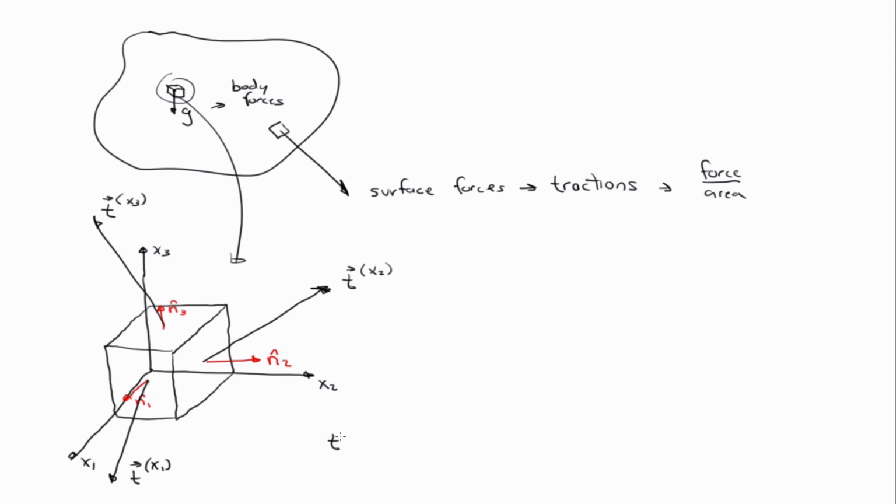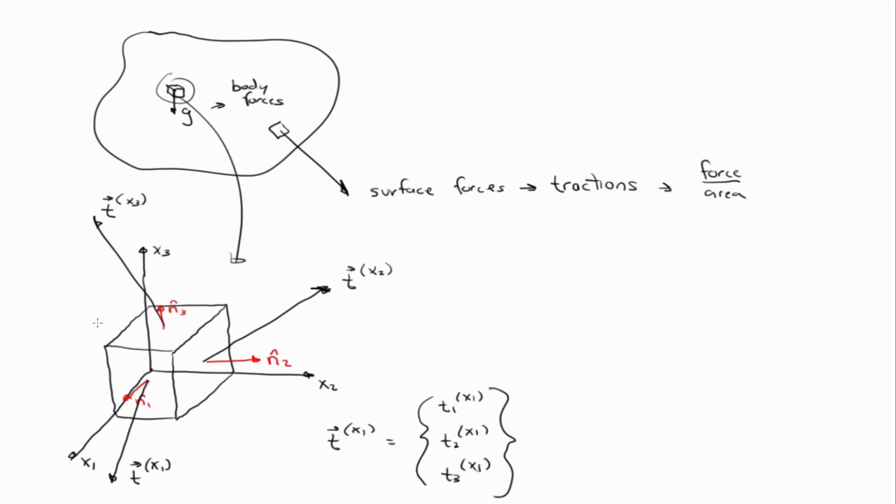And just to be painfully explicit, T is a vector on the x1 face that has components T1 x1, T2 x1, T3 x1.